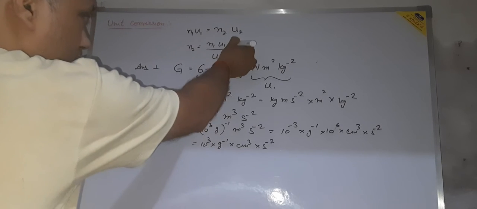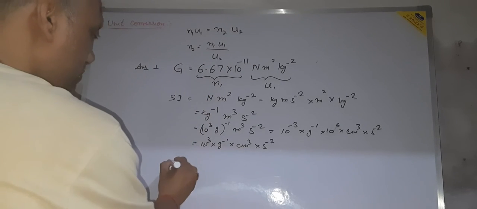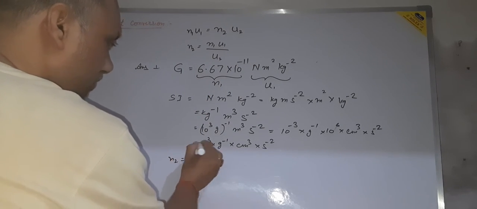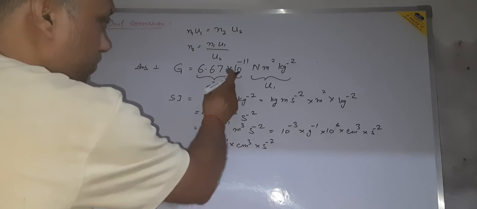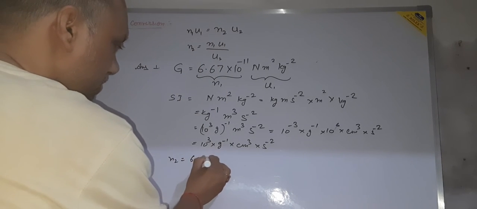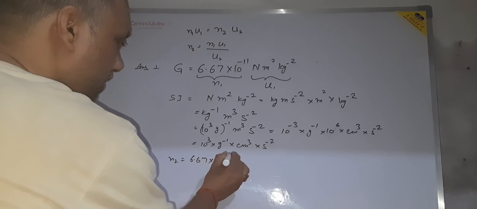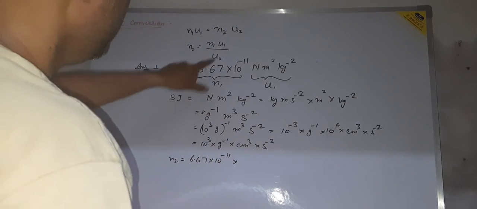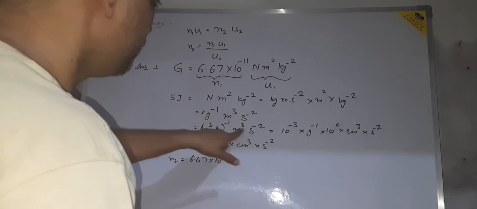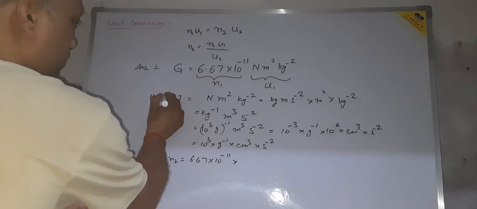So I am putting the values here. N2 is equal to n1, which is 6.67 into 10 to the power minus 11, times u1.